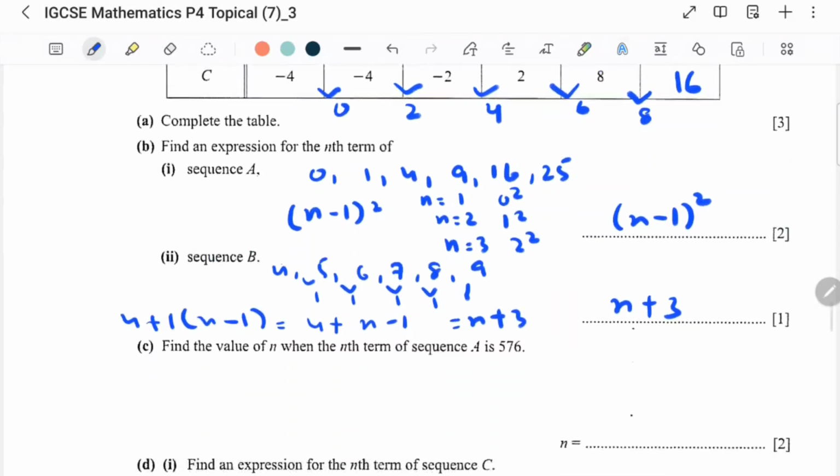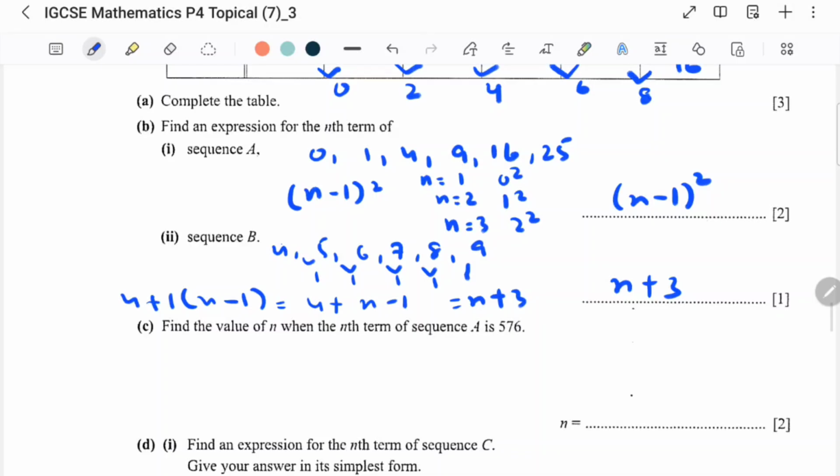Find n when the nth term of A is 576. n minus 1 whole squared is 576. n minus 1 is equal to plus or minus the square root of 576, which is 24. Take your calculator.